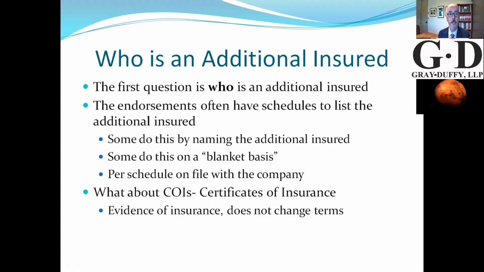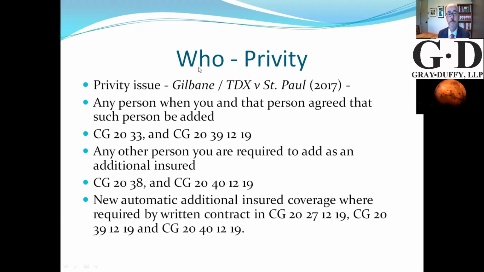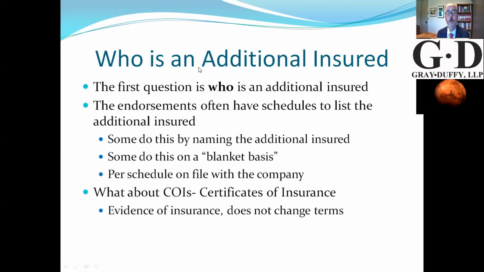Statutes in some states, such as California, that describe certificates of insurance state likewise that it does not alter the terms of the policy. So what if there is a certificate of insurance that states someone's named as an additional insured, but there's no additional insured endorsement and there's no requirement in the contract that they be added as an additional insured?